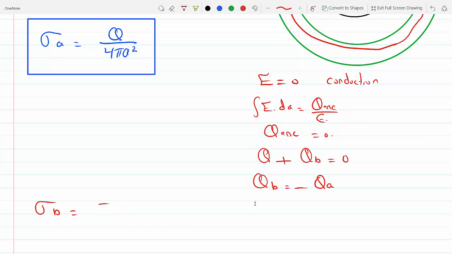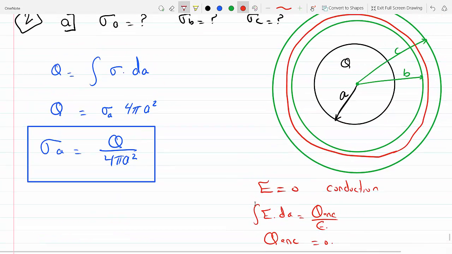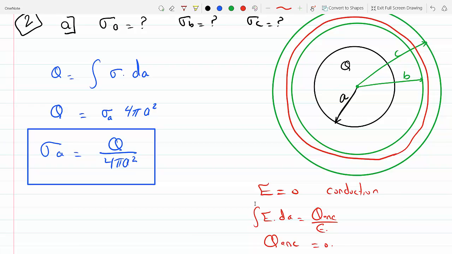QA is just Q, so this is minus Q over 4 pi, what's the radius for the sphere?